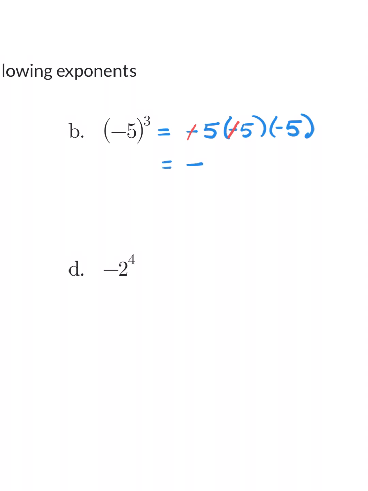And now if we multiply the 5's together, 5 times 5 is 25. And if we multiply that by another 5, we get 125. And so this is going to be our final answer, or simplified form. -5 cubed is equal to -125.